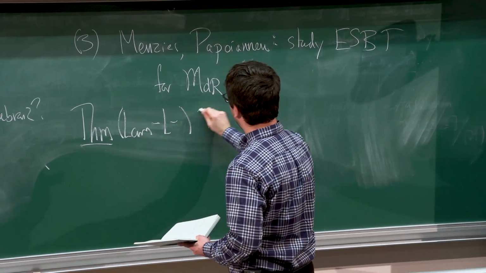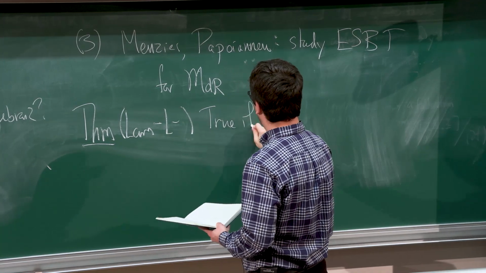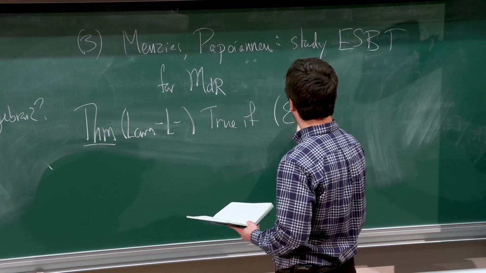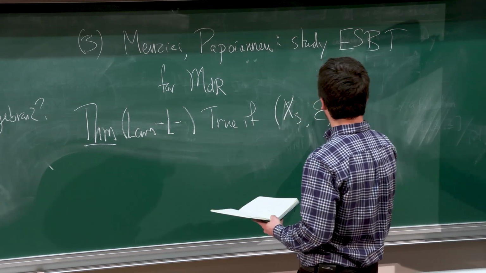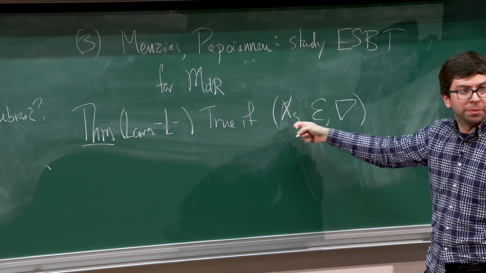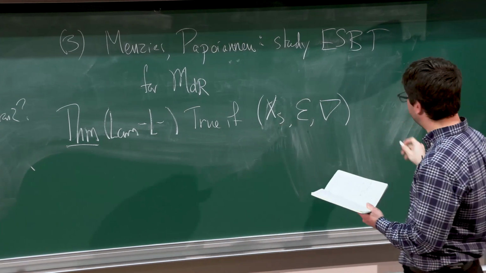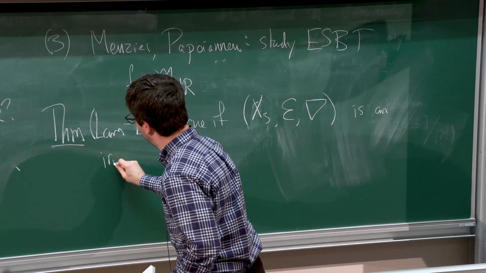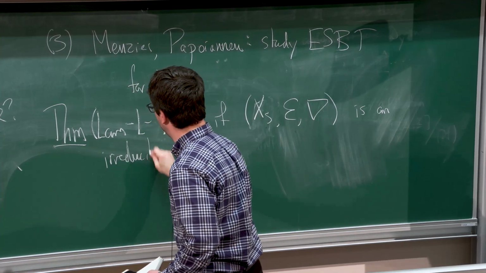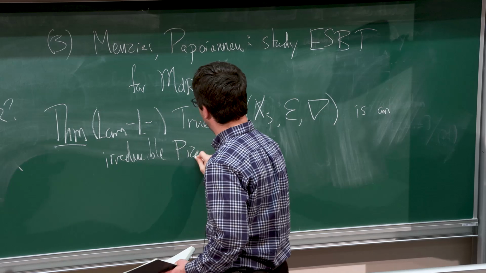So the theorem is true if E nabla, the input to the conjecture being a triple, a fiber of our map and a flat vector bundle, is an irreducible Picard-Fuchs equation.